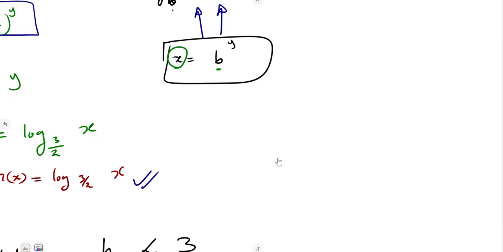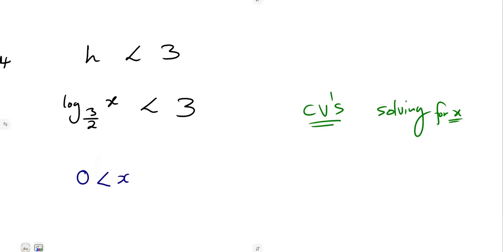So we do the same. There we have got a log, so we take it back to say x must be equal to what? The base to the exponent of the answer: 3 over 2 to the exponent of your answer. So you solve it as an equation for critical values.